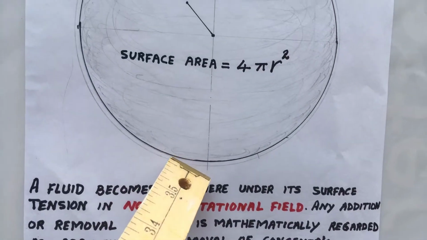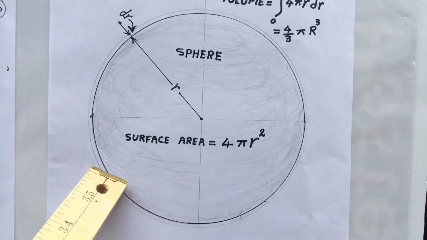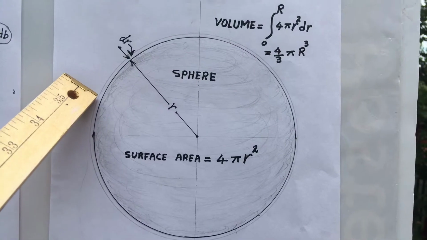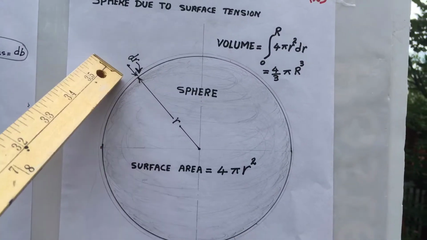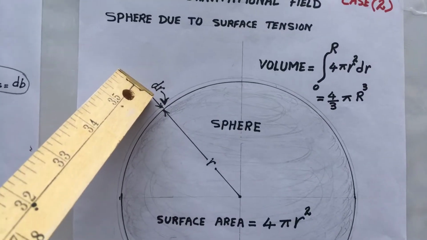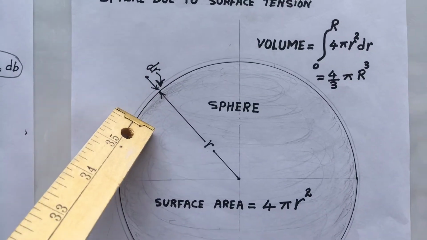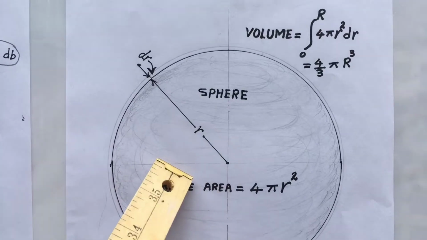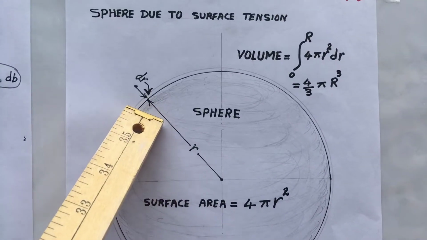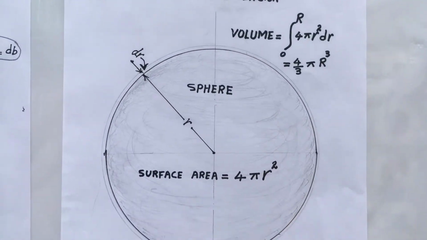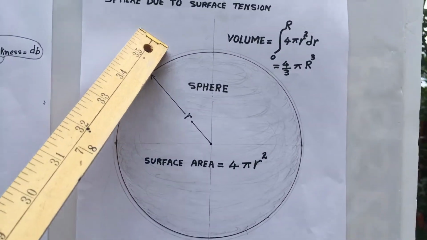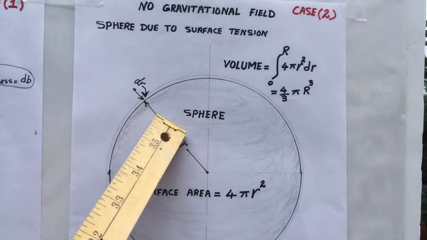In this case, here is the thin spherical surface which I drew with the pencil line, and the thickness of this surface is dr. So, anytime we add more fluid, it is regarded as a whole spherical surface, a layer of spherical surface added to this sphere.